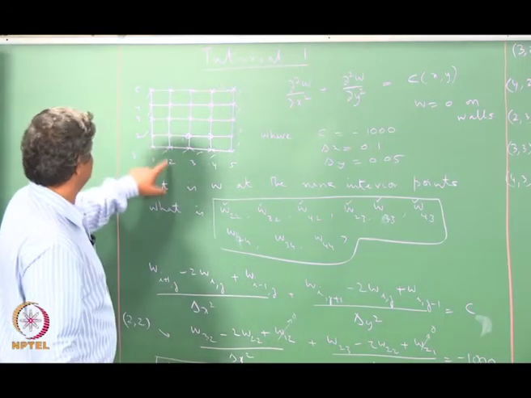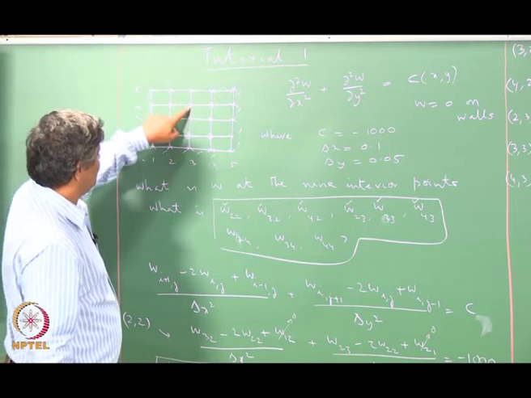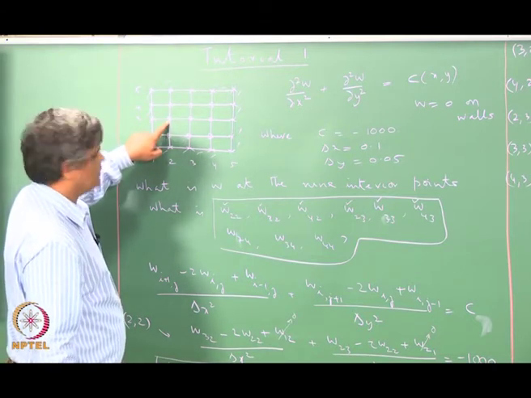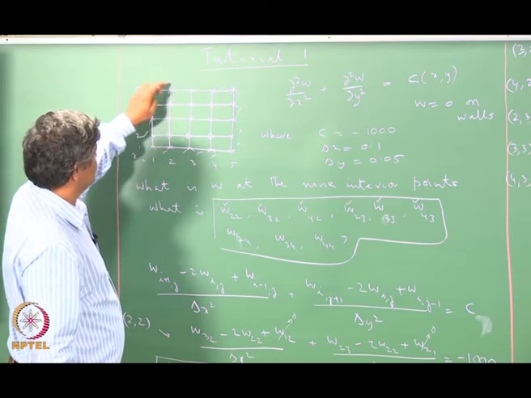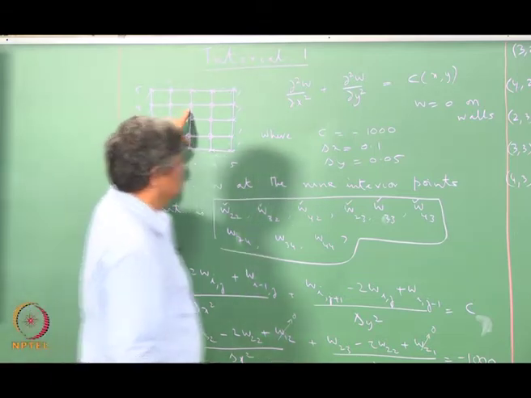We now have W24 here. We have nothing here, 100 of this plus 400 of this minus 1000 of this, and this is 0. So, you have 100 of W34.